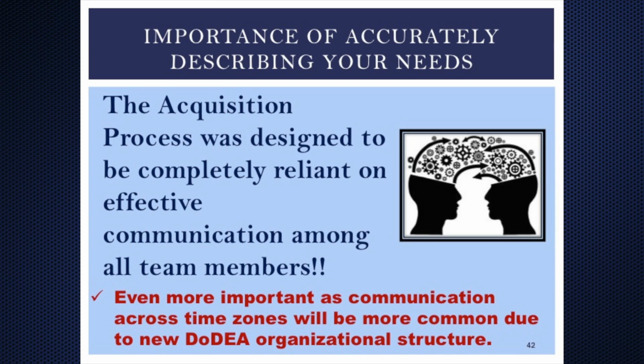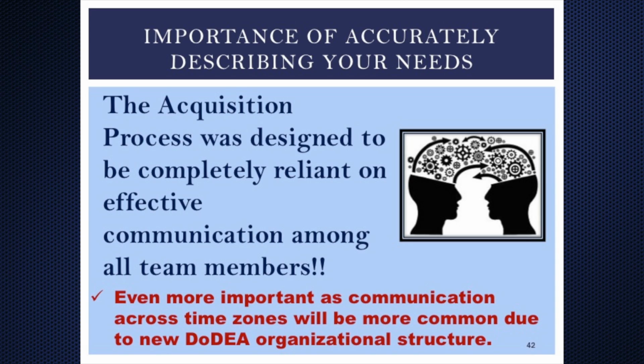And it's even more important, we talked about this at the very beginning of the training, as we are now going through time zones with the new DoDEA structure, where we're talking across time zones. We're talking to people in the Pacific, people are talking to people in Alexandria, Virginia.